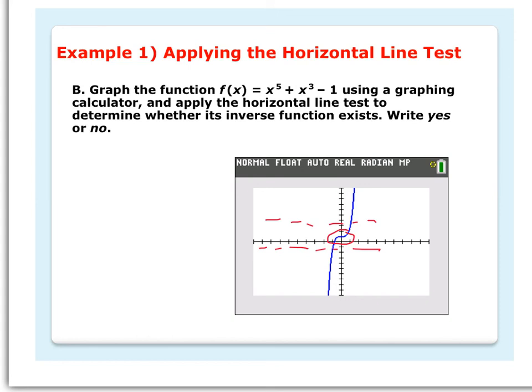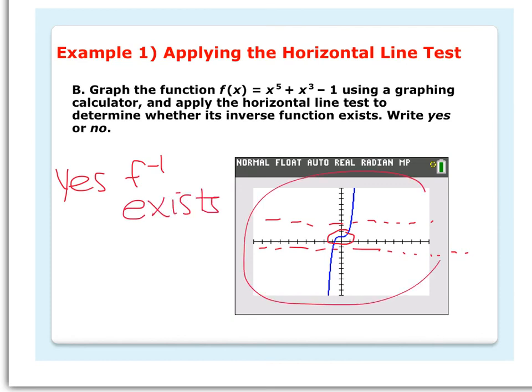You can tell it's not horizontal because in your table the y value is not constant there for several x values. You get a different x value for every y value. So I would say that it passes the horizontal line test, so yes, f inverse exists. The inverse function exists because the graph of f of x passes the horizontal line test.